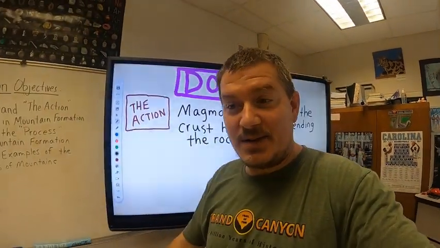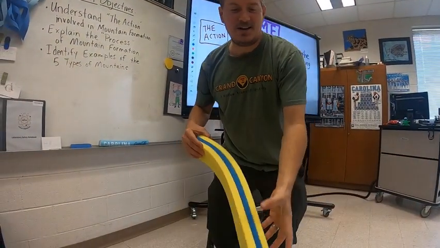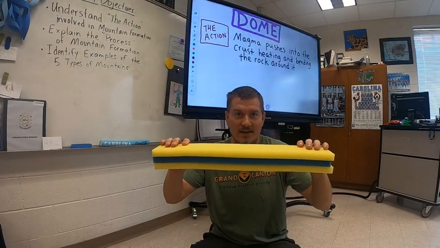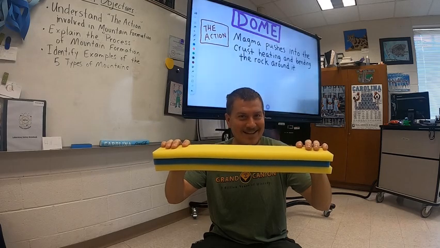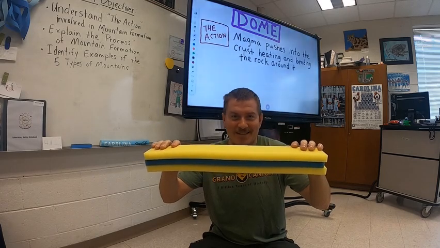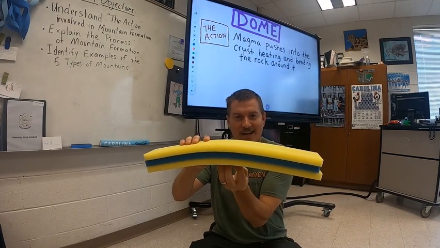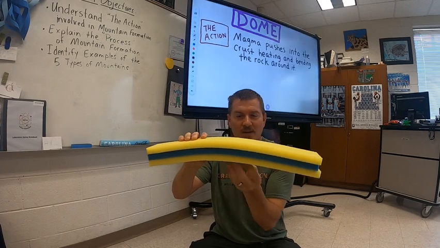So let me try to demonstrate that for you real quick. I'll switch to one of my little models. So here's our flat earth, flat land that's there. Sorry, earth is not flat, but there is flat land on earth. But magma is going to start to push up from the mantle down below it and heat up some of this rock, make it more plastic-like, make it more bendable.